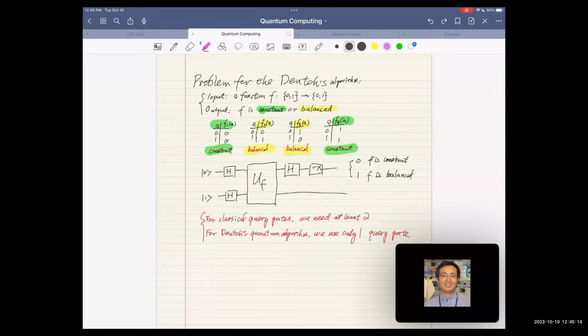My understanding is that if we apply the classical query gate, from what I understand, you need at least 2 gates. I'm not a mathematician or digital logic person, so I don't know how to prove that. But I guess you can try, using the classical gate, what's the minimum number.